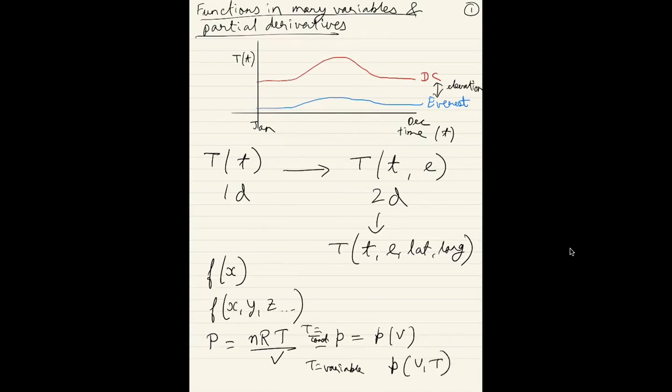And you might have something going on where n itself is changing, the number of moles of gas. Then it would be a function of three variables. So these things are extremely common in chemistry. And in fact, in subjects such as thermodynamics, your command of the subject is strongly correlated to how comfortable you are with the notion of functions of many variables.